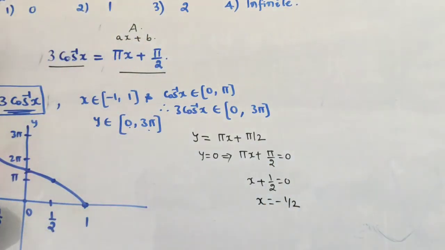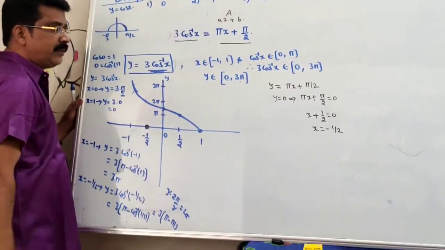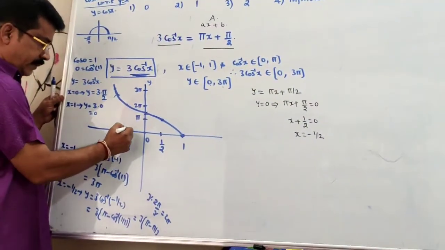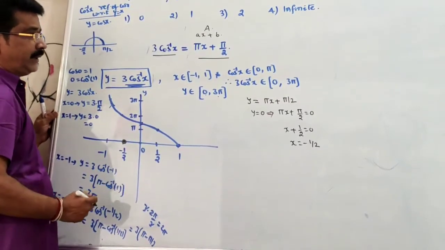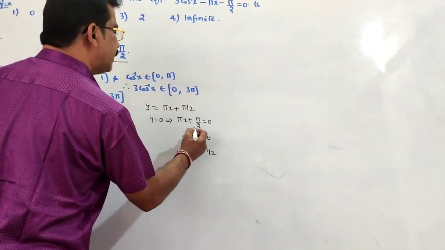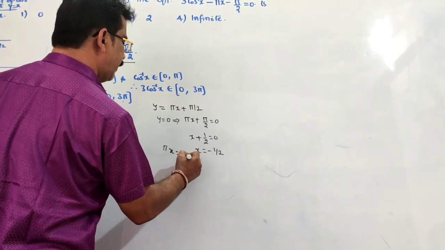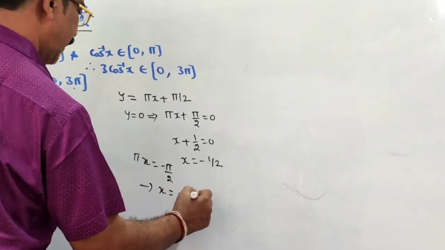So when y equals 0, x equals minus 1 by 2. Pi x equals minus pi by 2, so pi cancels, x equals minus 1 by 2.